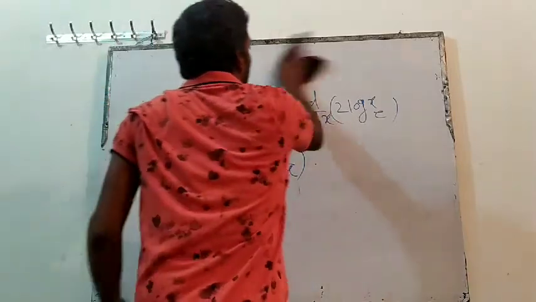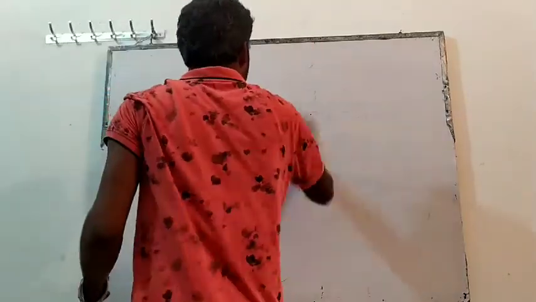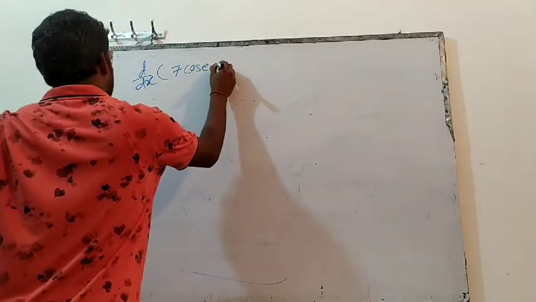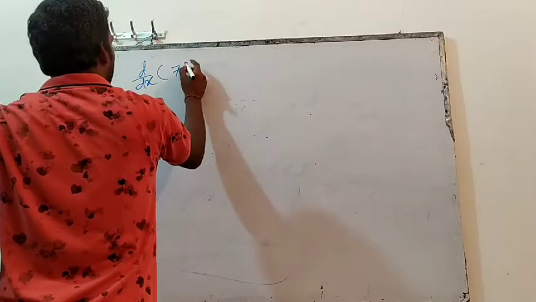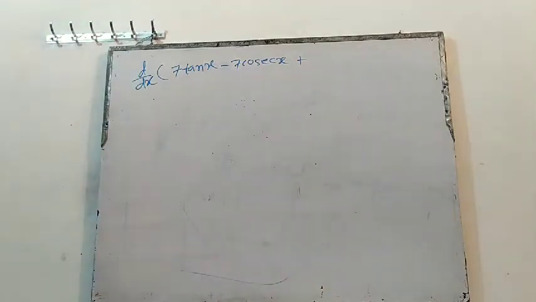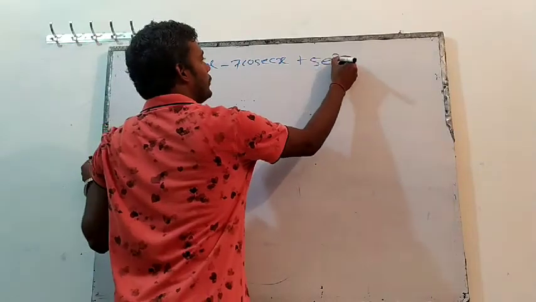For example, see this question. Differentiation of 7 tan x minus 7 cosec x plus 5 e to the power x plus 6.